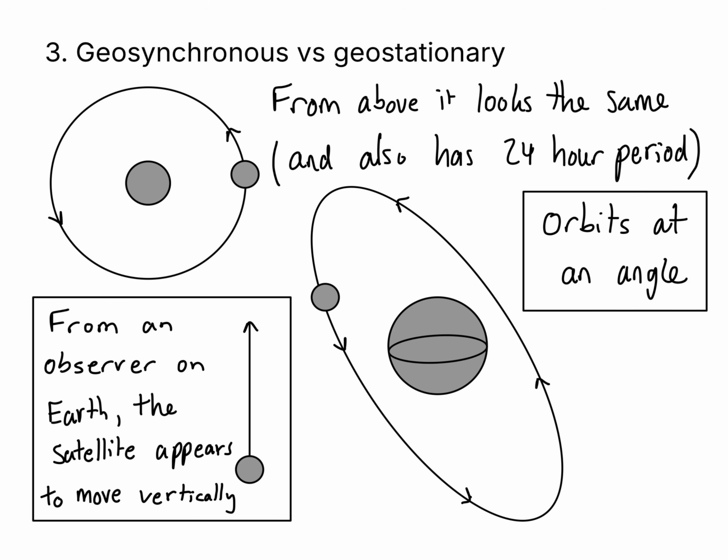Geosynchronous satellites orbit at a slight angle to the equator, and from an observer on the Earth, the satellite appears to move up and down vertically. This makes sense when you think about it, as we've specified that it has to be moving horizontally at the same speed, but we didn't specify anything about it moving vertically, so it can move up and down.